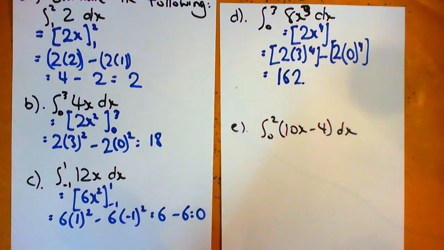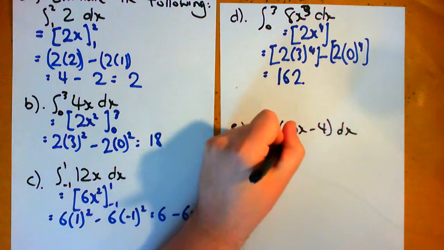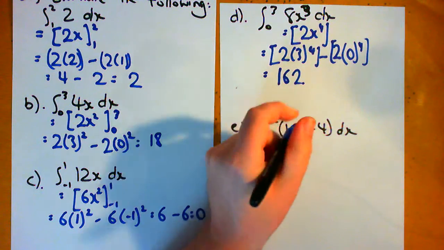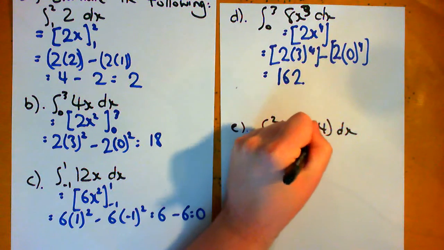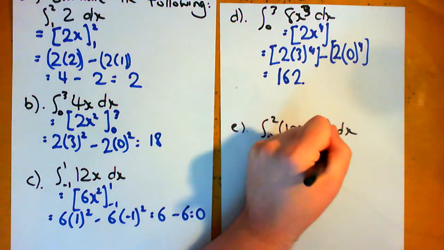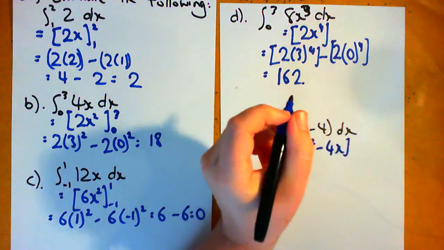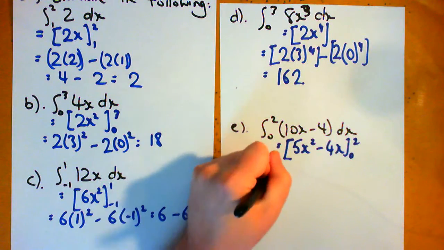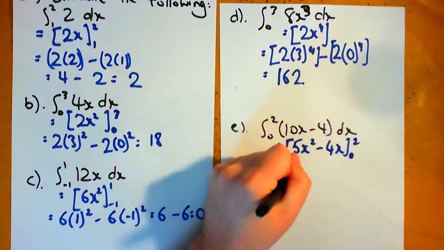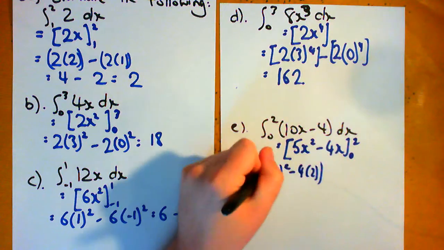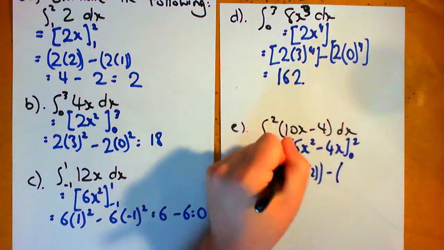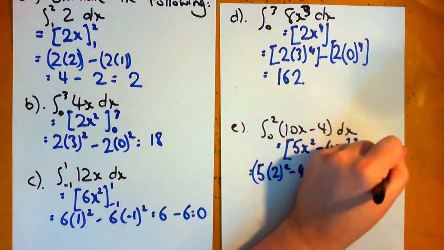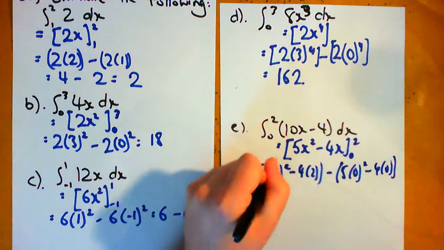Integral from 0 to 2 of 10x minus 4. So if we integrate x, we get x squared over 2, times 10 is 5x squared, minus, this will be 4x, and this will be evaluated between 0 and 2, gives us 5 times 2 squared, minus 4 times 2, minus, if we substitute in 0, we get 5 times 0 squared, minus 4 times 0.